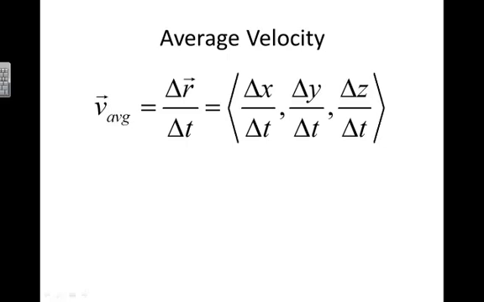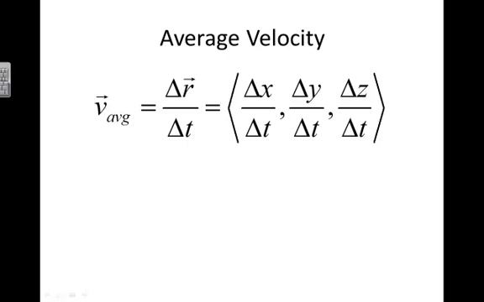So we can do our calculations using just one particular component to figure out what's going on with each part, and then combine those three components to give us the overall vector. So the average velocity is telling us how far your position changes each second.